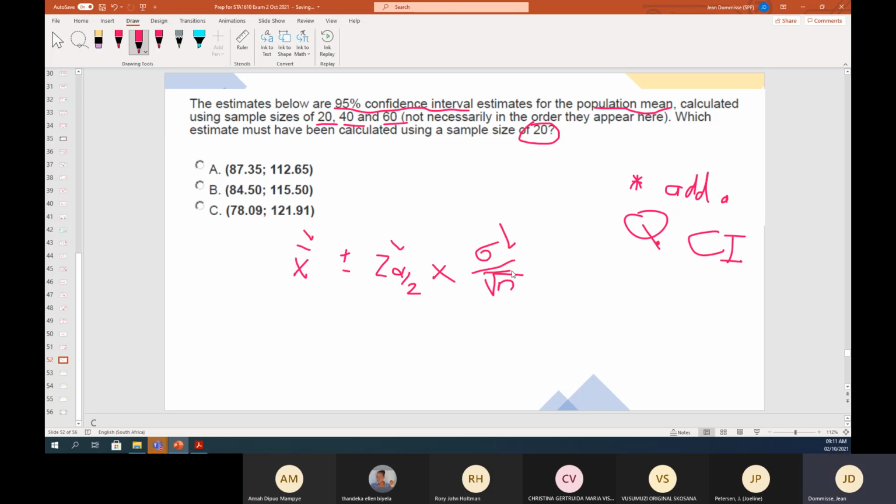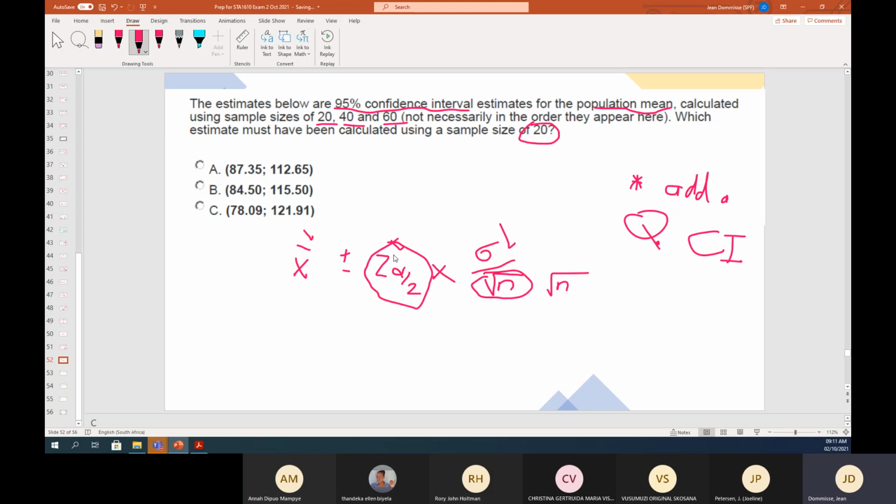So the thing that is changing the whole time is the square root of n. Remember, they don't give you any other information. They give you 95%, but in this instance, they could have set any confidence level, because changing that will not make any difference.